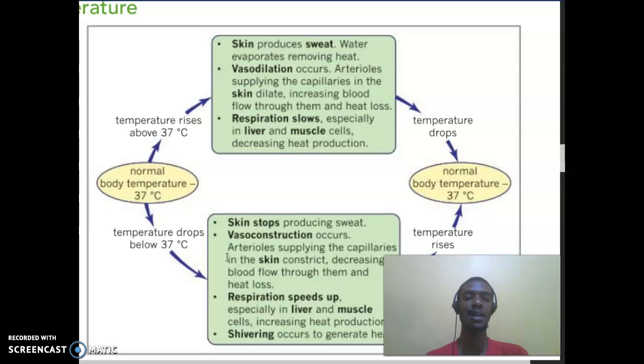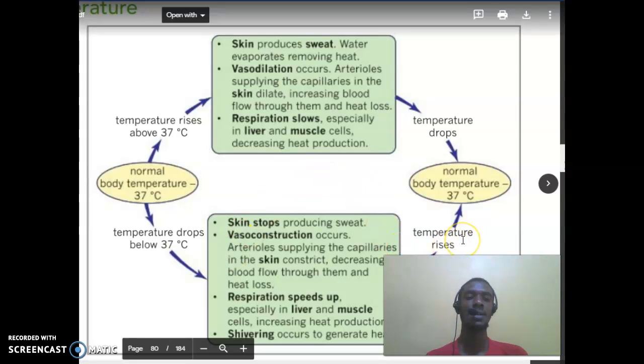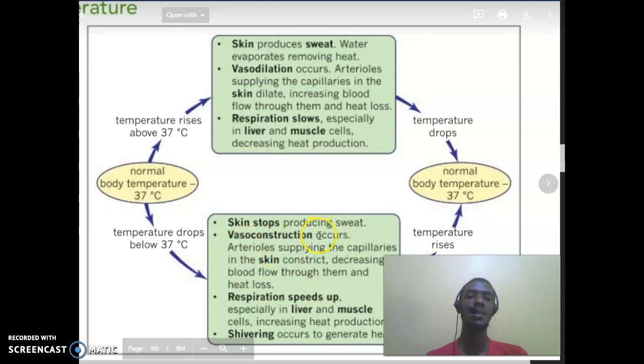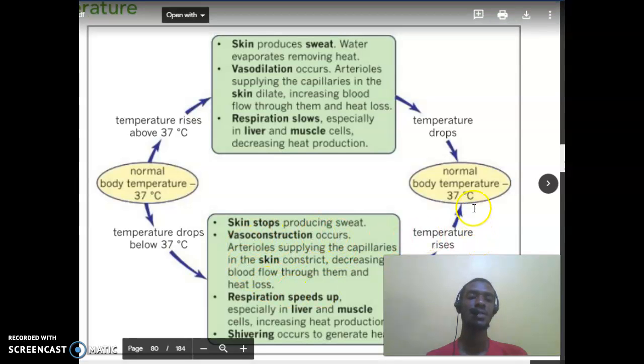So the warm air from the body is trapped around to form a layer around the skin that contains warm air. And when these occur, temperature rises and it goes back to the normal 37 degrees Celsius.